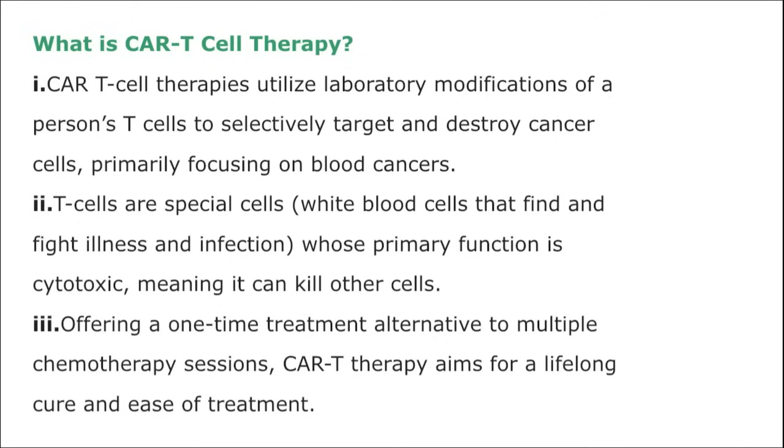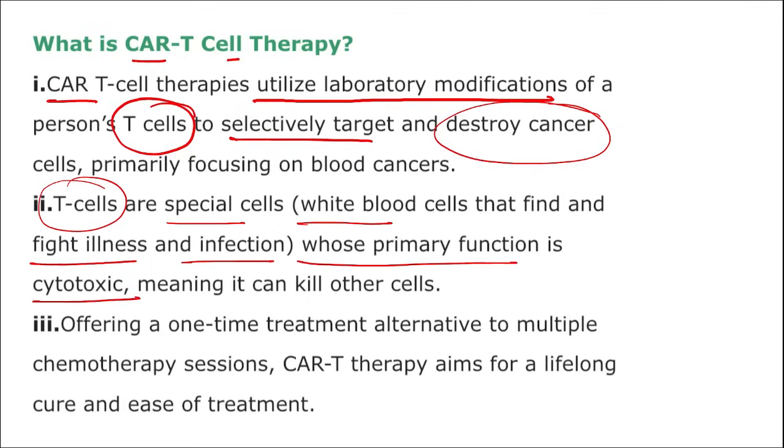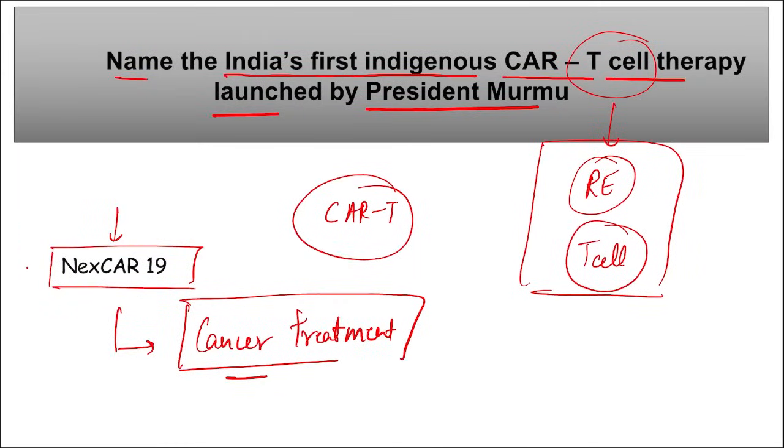Now, what is this CAR T cell therapy? Basically, this cell therapy uses laboratory modifications of the person's T cells to selectively target and destroy cancer cells. T cells are special white blood cells that find and fight illness and infection, whose primary function is cytotoxic, meaning they can kill other cells. And this is the therapy used to kill your cancer cells. Right? So this CAR T technology was named NexCAR19.